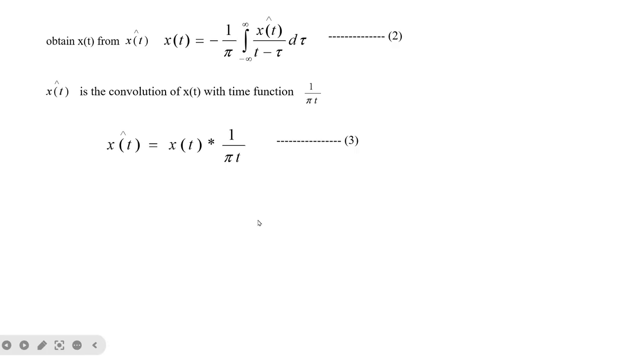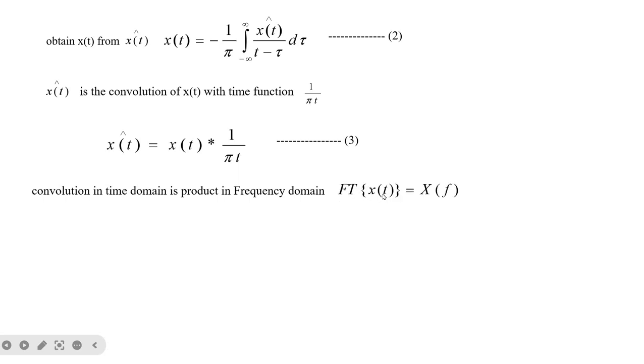Now we know that convolution in time domain is the product in the frequency domain. So for this we can write Fourier transform of x of t is equal to capital X of f. That is, this is in time domain and this is in the frequency domain.